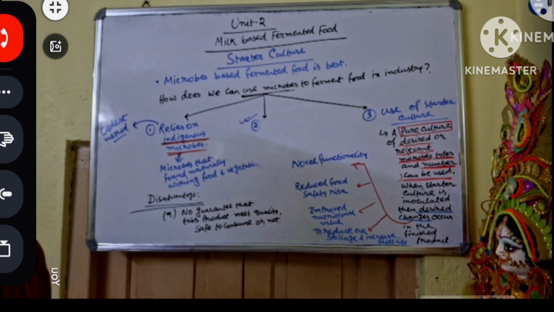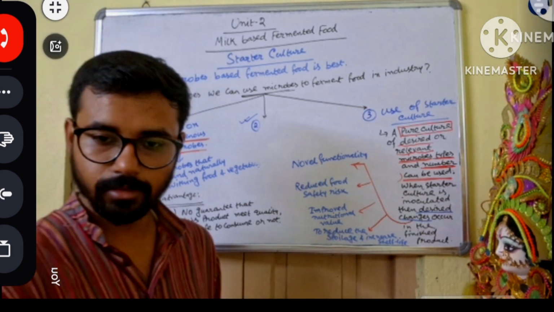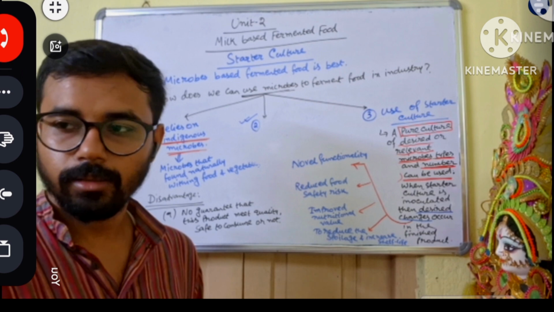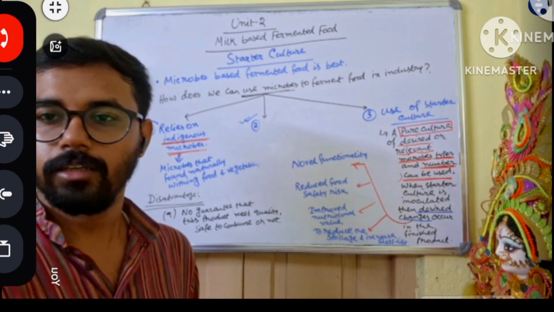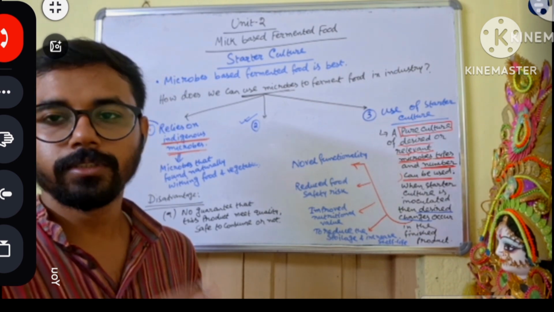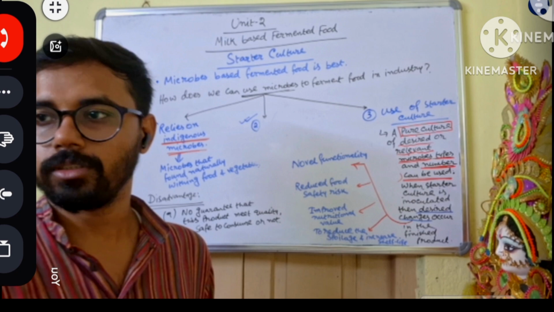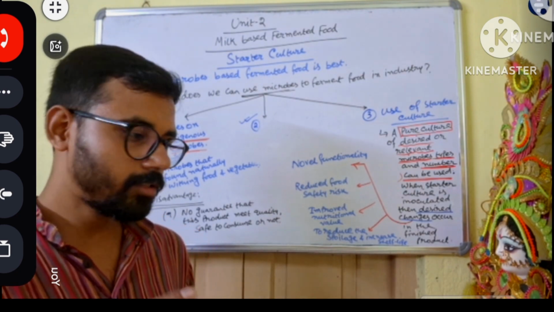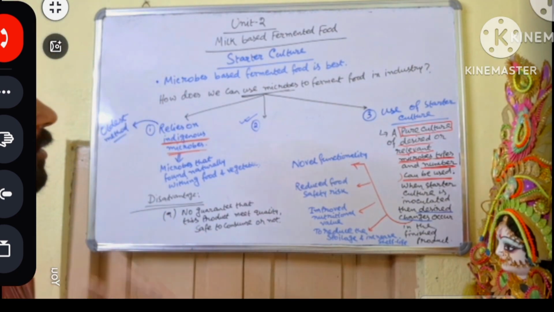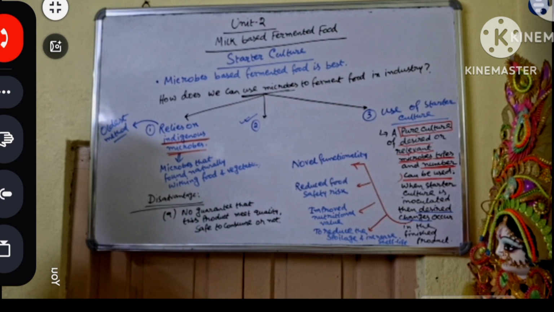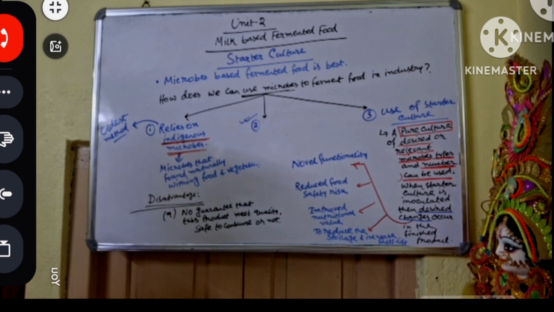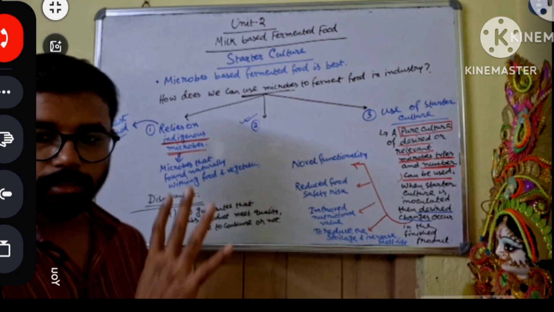So, which method is best? Clearly, the use of starter culture in the fermentation process, because starter culture contains the required, optimal amount of relevant microbes that actually change the product into a good fermented product.